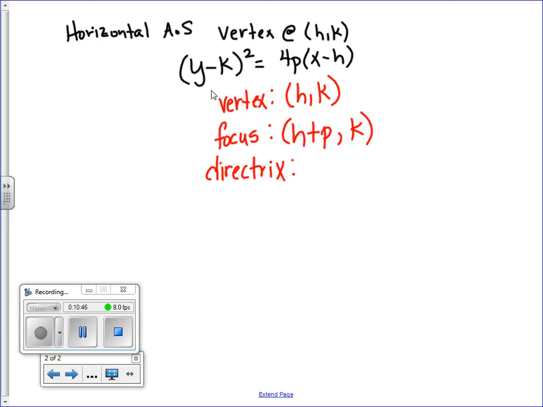Where is the directrix going to be? H, what? Minus p, that's right. Very good.